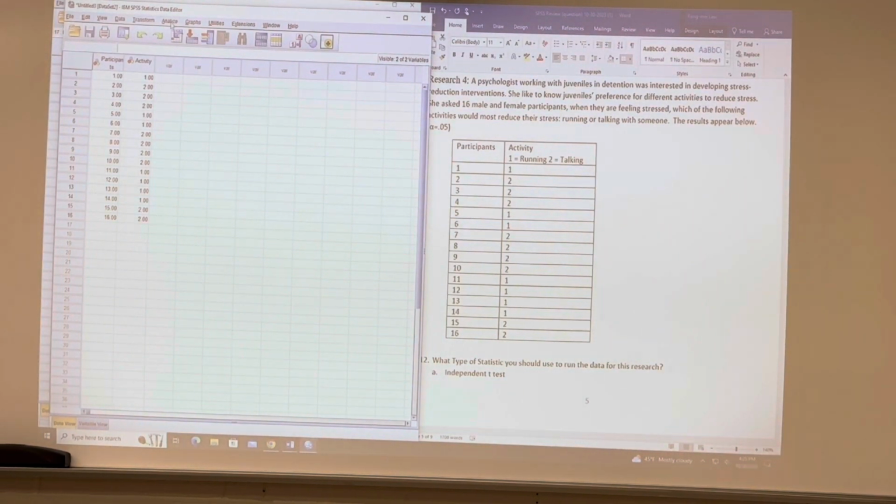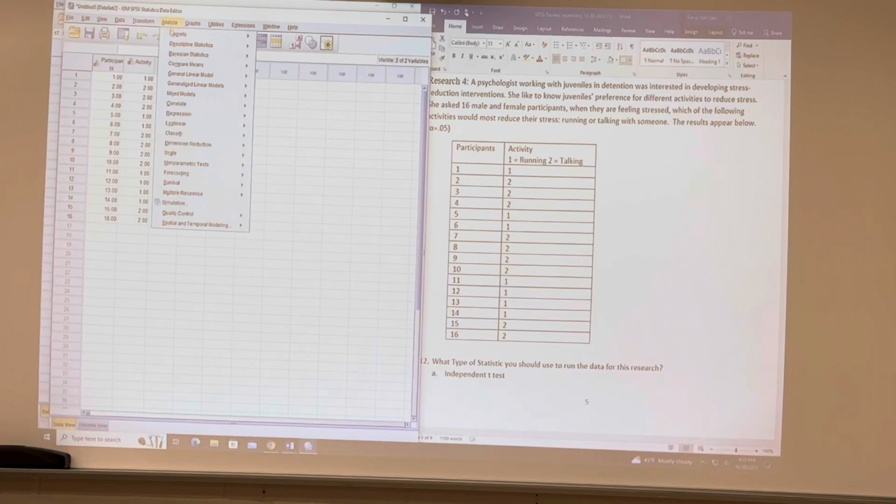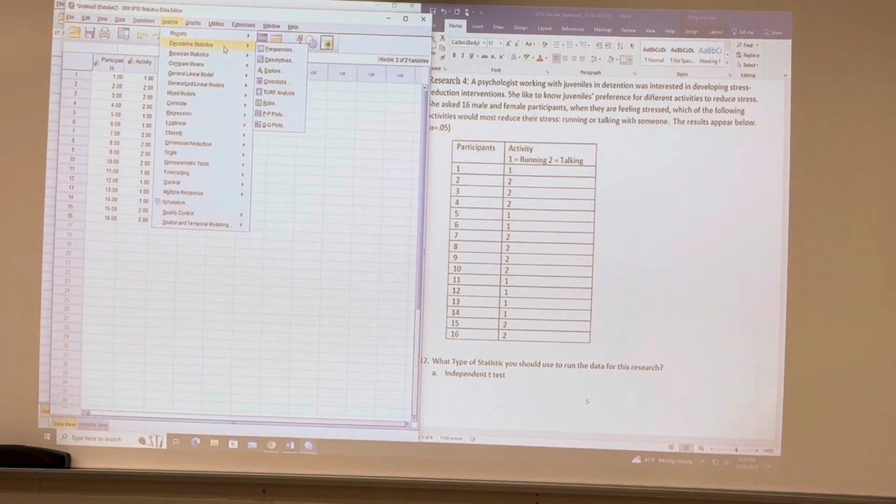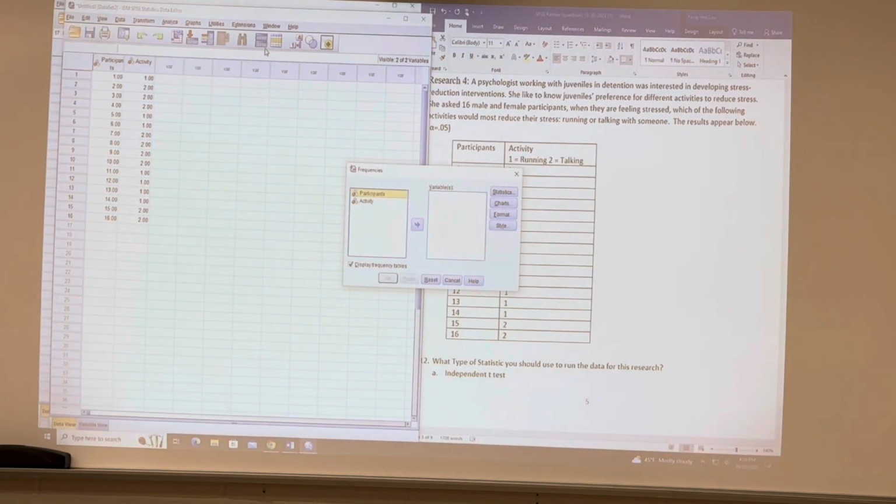So, what do you have to do first? Analyze, and then what? Do I go to crosstabs, or should I be somewhere else? Frequency, okay? You should go to frequency first. You don't worry about participant. I just need to know how many people are running, how many are talking.